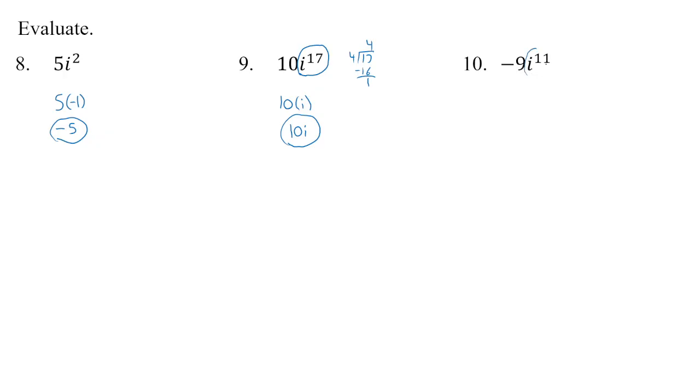So we need to find out what i to the 11th is. 4 goes into 11 2 times. 4 times 2 is 8. The remainder is 3. Therefore, i to the 11th power is negative i. And negative 9 times negative i is 9i. That is your solution.